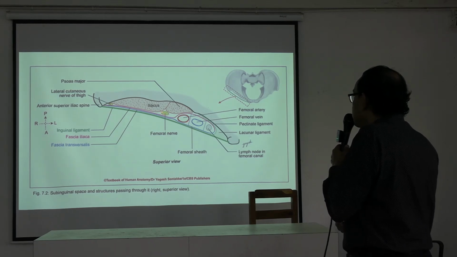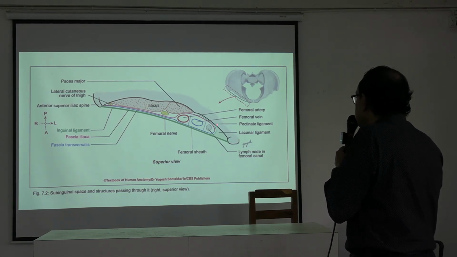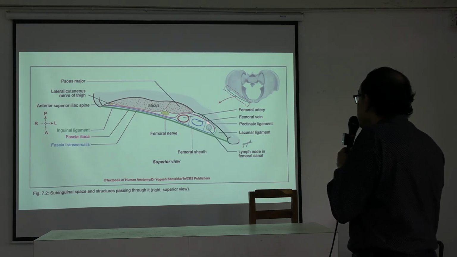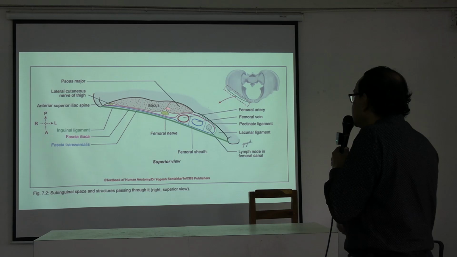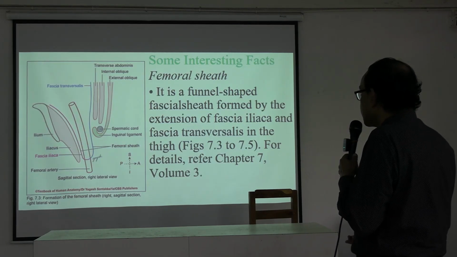In between iliacus and psoas major, this is the femoral nerve and this is the femoral artery, femoral vein, and this is an open space for the lymph nodes. Okay, so this area is called the pelvifemoral space.